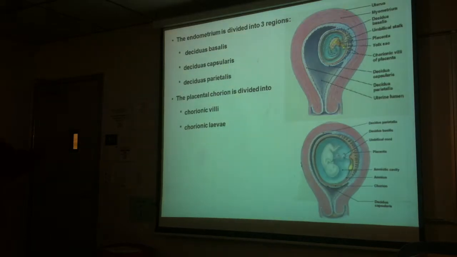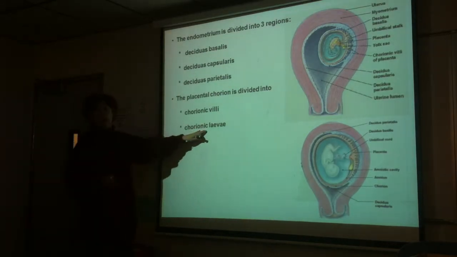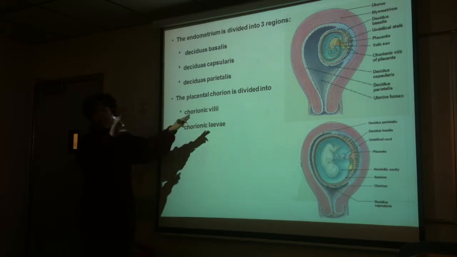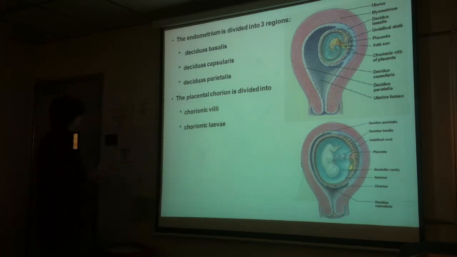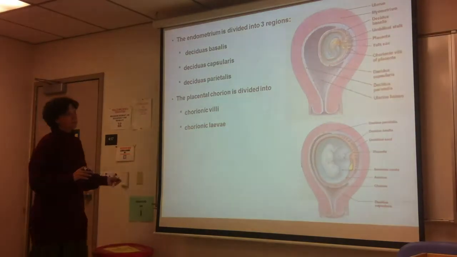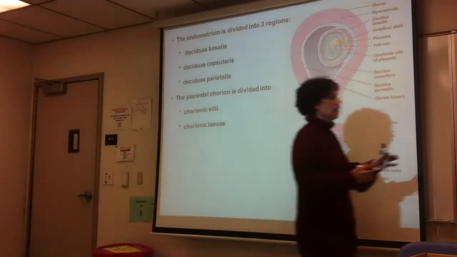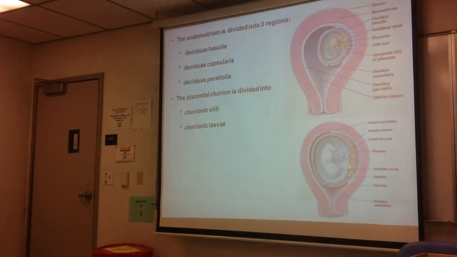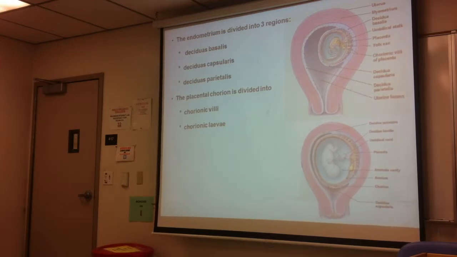And we have the chorionic villi and the chorion laeve. Okay, so that's kind of what I drew over on the board. So this continues to develop further. I'll leave it partially developed on this side. This continues to develop further, branching.